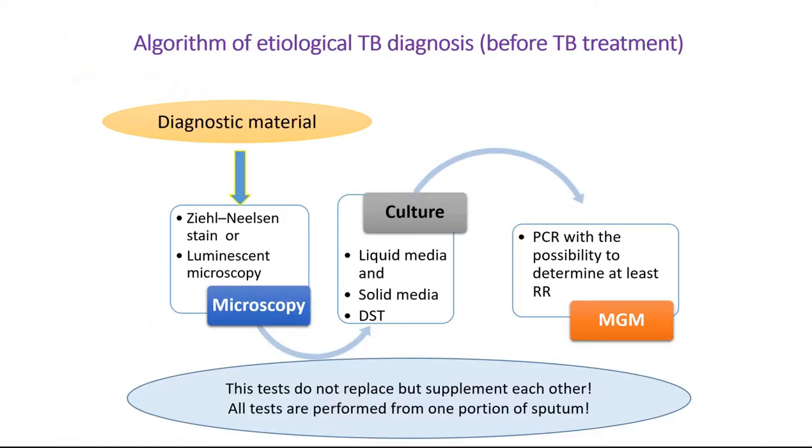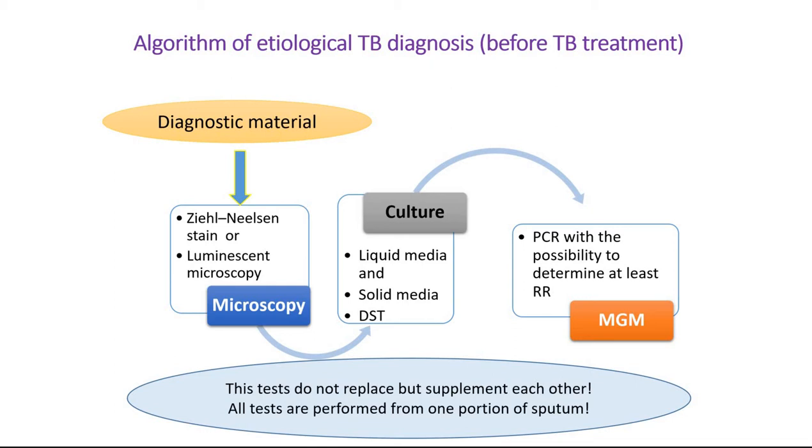On this slide you can see the whole algorithm of etiological TB diagnosis that you have to perform before starting TB treatment. And you can see that there are three levels, or three steps, of the algorithm.